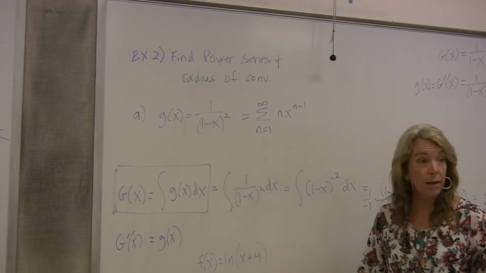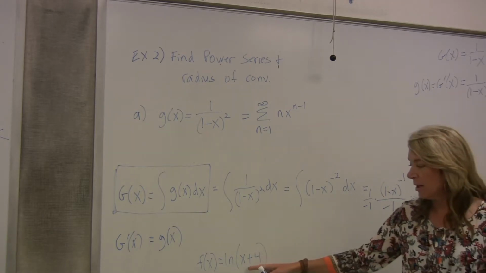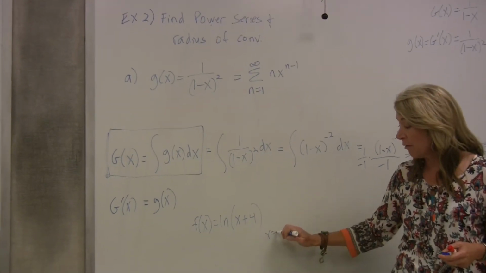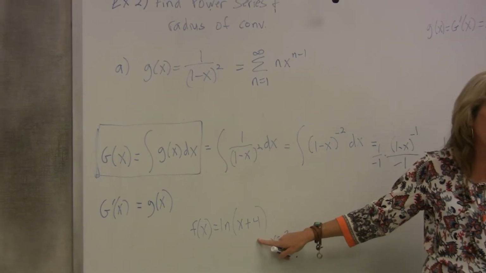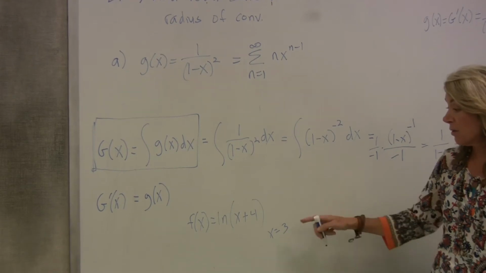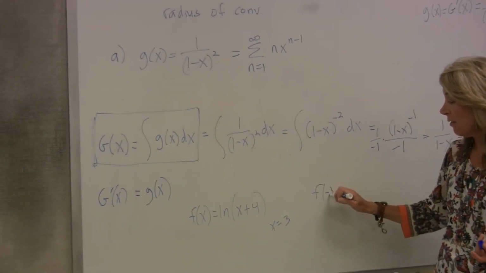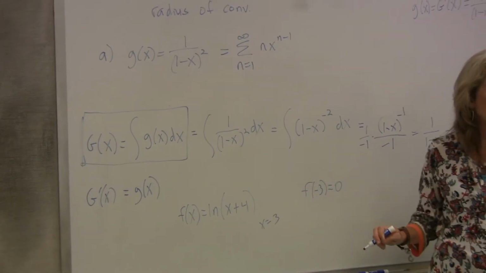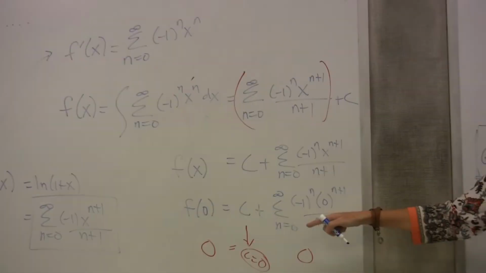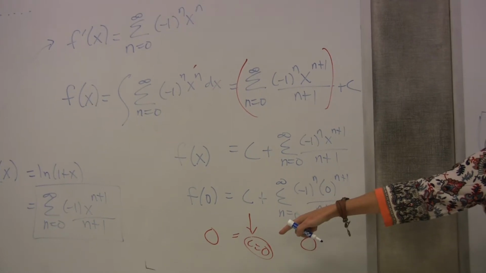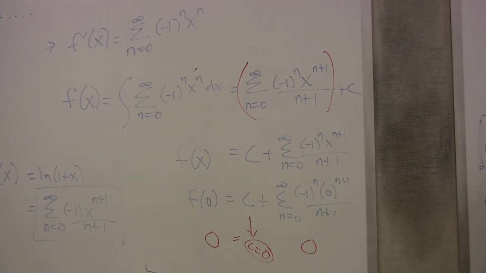I would plug x equals negative 3 into here, because negative 3 plus 4 would give me natural log of 1, which I know is 0. So in that case, f of negative 3 would be 0. I would then plug negative 3 in to figure out what that constant would be. See what I'm saying?